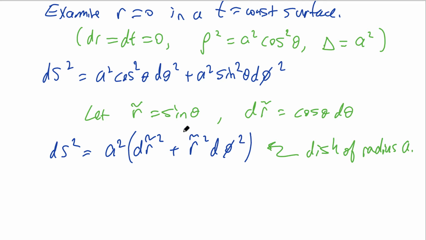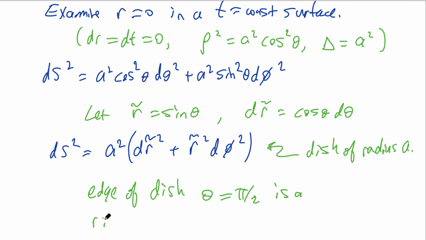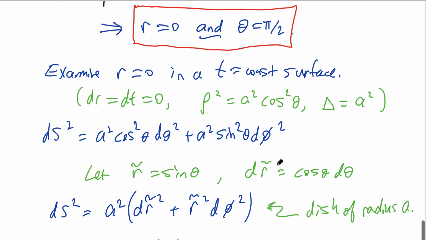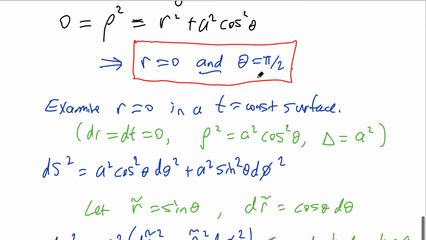But the rim of the disk, or the edge of the disk, at theta equal pi over 2 is a circle or a ring of radius a. And this is the singularity. The singularity is at theta equal pi over 2, the edge of this r equals 0 disk.